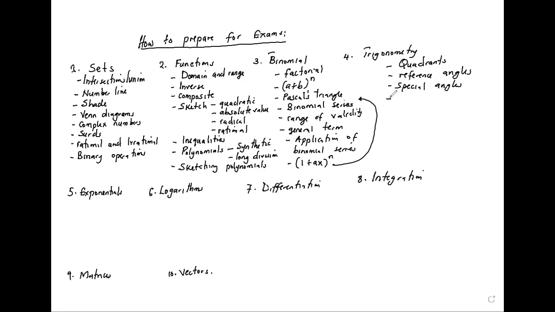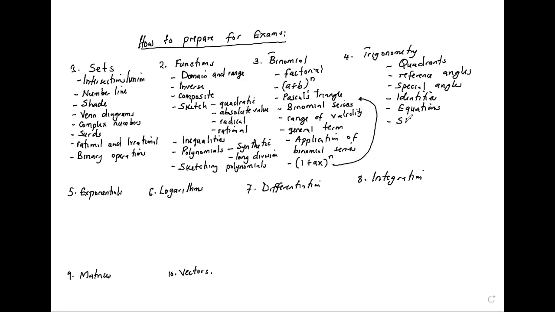Once you know what happens in the quadrants, then what do you need next? You have ideas of the identities. Not so much, just know the basic ones and be able to apply them on any identity that you're asked to prove. And then you sketch. Or before you sketch, you can talk of equations. If you understand the quadrants and reference angles, you have an easy time on the equations.